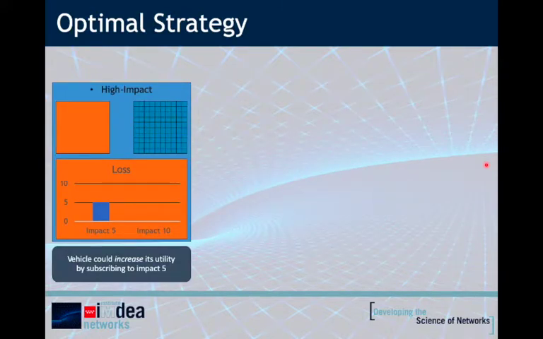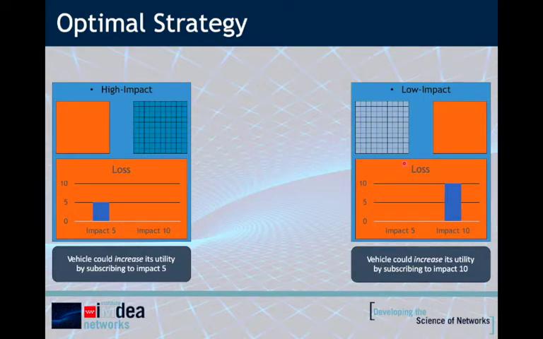Just to give an example, if we have two impact levels, one extreme strategy would be to only request high impact messages, but then we would be losing all the low impact messages that we could obtain indirectly if we coordinate probabilistically, so that instead of all of us requesting high impact messages, some of us request lower impact messages.